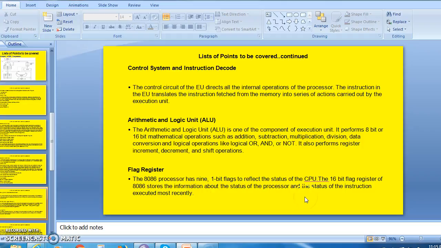Direction flag is mainly used in string related operations, and trap flag is used for single stepping. Then finally the interrupt flag is enabled if any interrupt is being requested by an external peripheral.